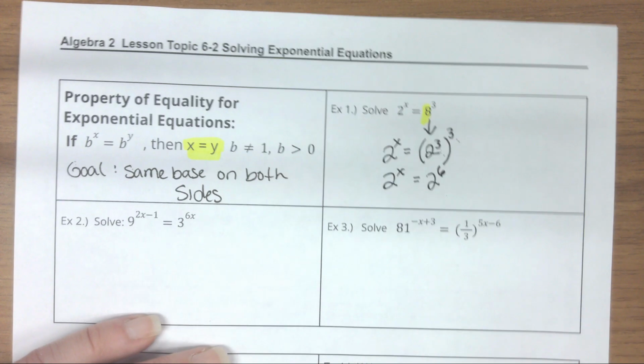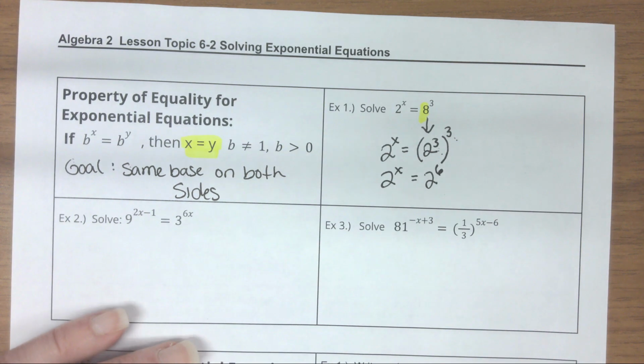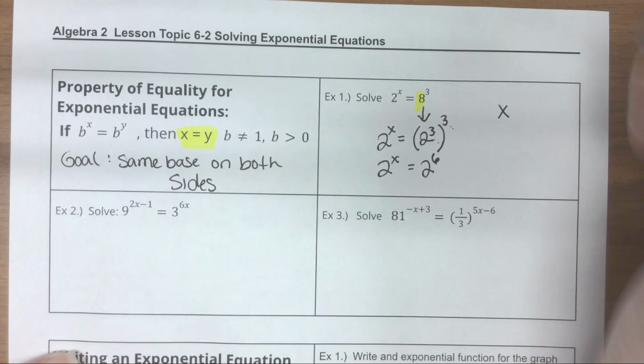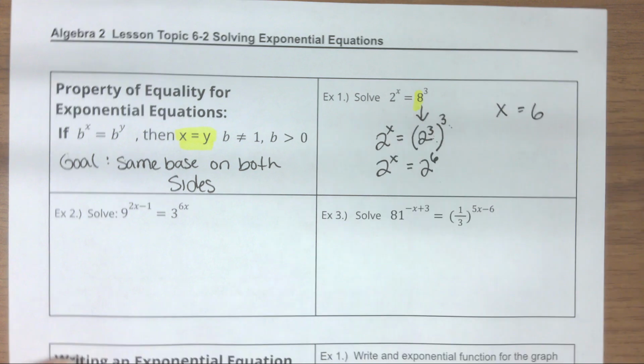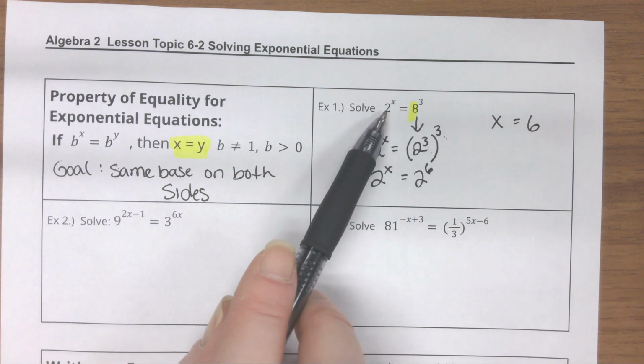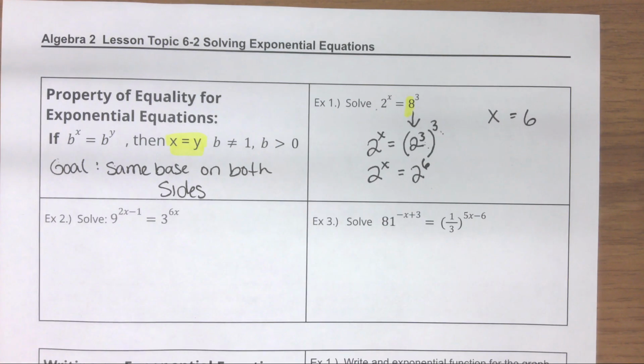The power to power rule is you multiply them, and then I solve the resulting equation. So now I'm going to set the exponents equal to each other. The exponent over here is x. The exponent over here is 6. It would be x equals 6. Now if you want, go ahead and check on your calculator. Does 2 to the 6 equal 8 to the 3rd? All right, so that's the concept here.